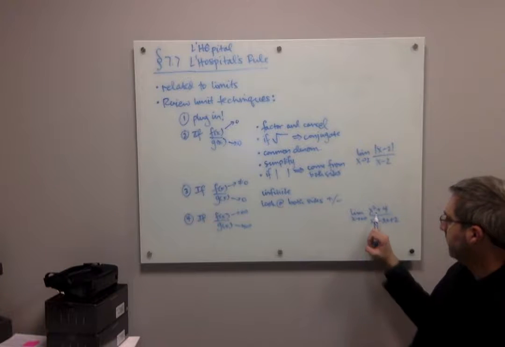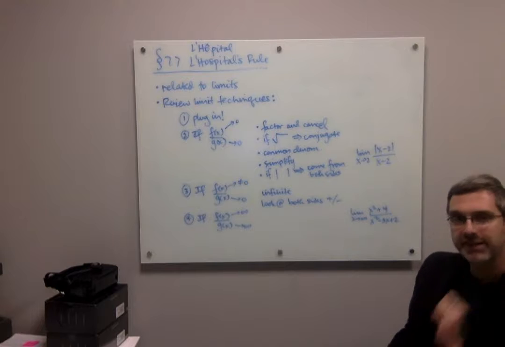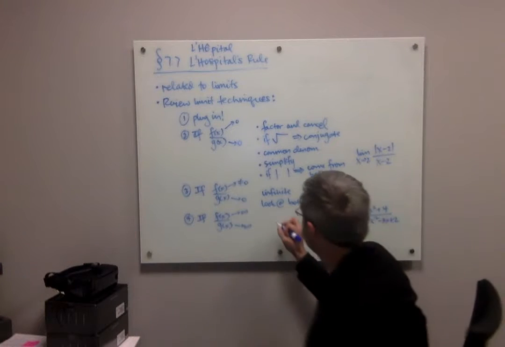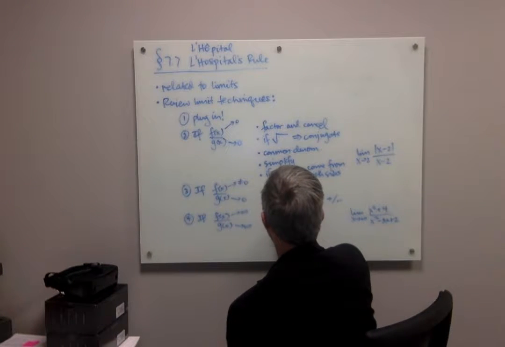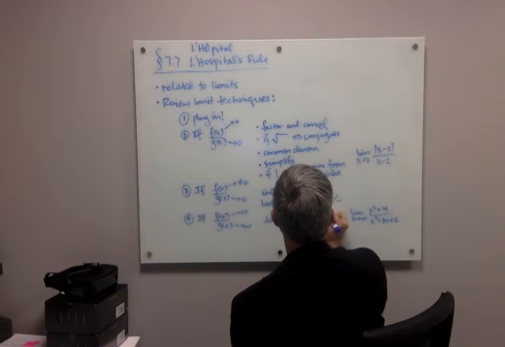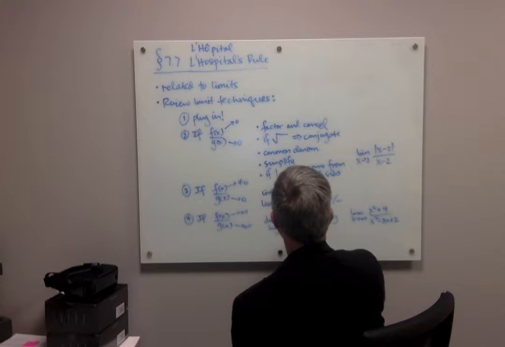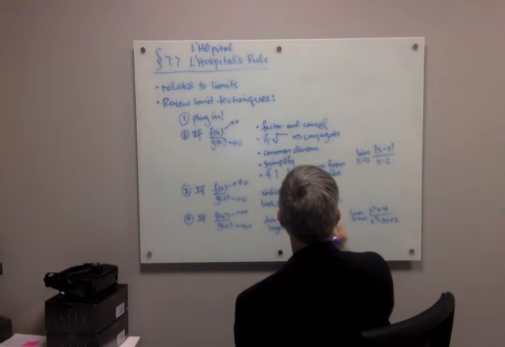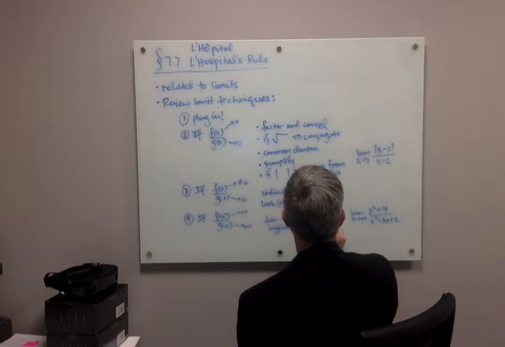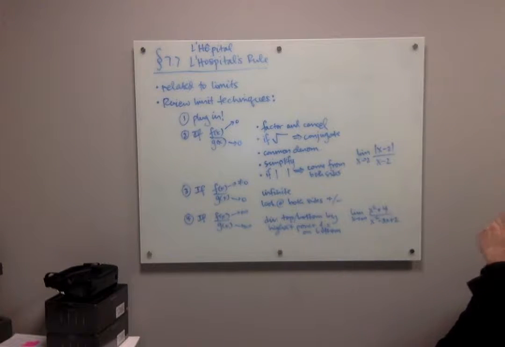If it's a polynomial over a polynomial, we divide the top and bottom by the highest power of x on the bottom. Remember that? So we divide the top and bottom by the highest power of x on the bottom. Okay. So that was another technique that we had.